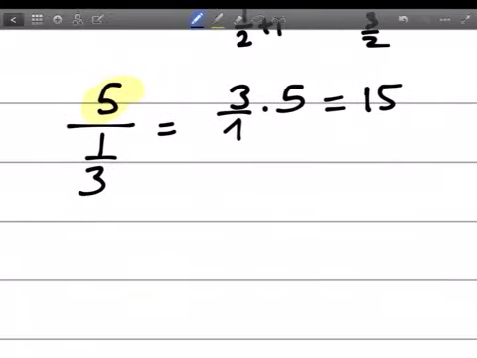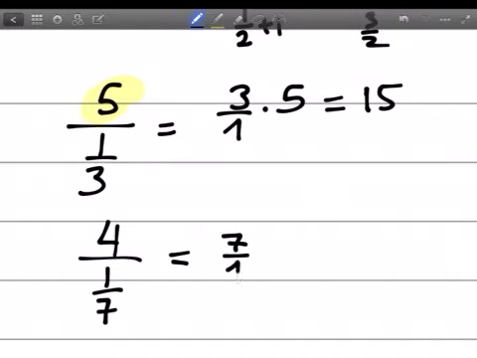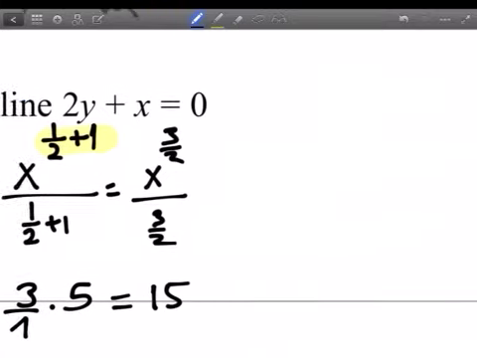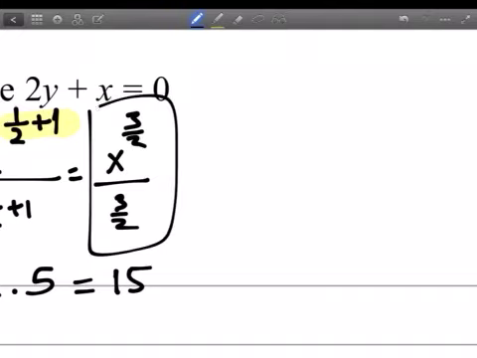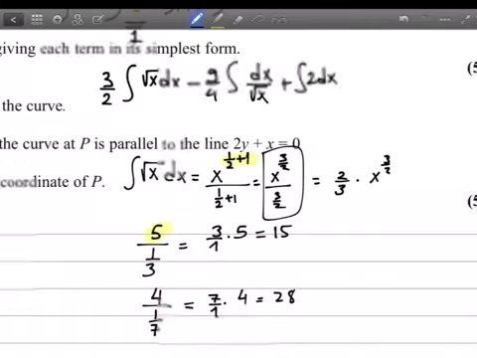Let's do one more. For example, 4 over 1 over 7 is 7 over 1 times 4. That will be 28. And also we can write this term as 2 over 3 times x to the power of 3 over 2. Okay, that is easy.